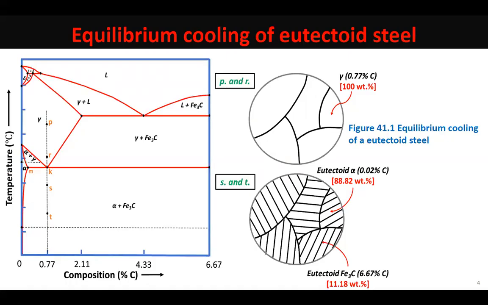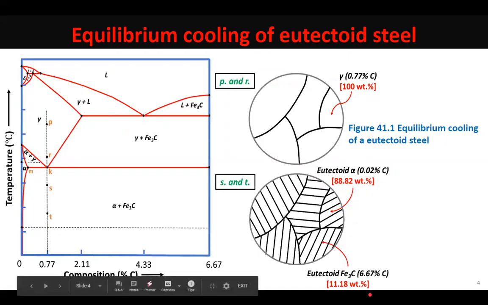The austenite would convert into 100% pearlitic structure. So this entire austenite that was there in the steel converts to 100% pearlite, and in that 100% pearlite, you see 88.82 percent is ferrite, and the remaining 11.18 percent is cementite.